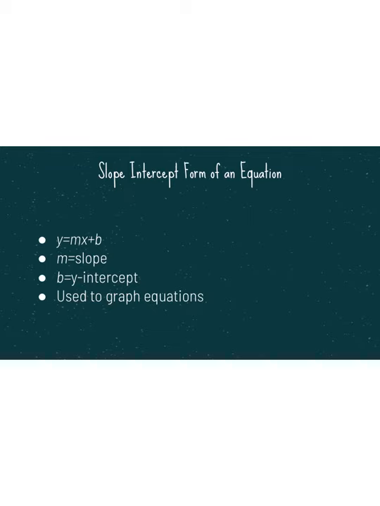Okay, so the slope-intercept formula of an equation. So your equation is y equals mx plus b. Okay, so your m, the m of your slope, is what we were just figuring out. We were figuring out that m. Your b is your y-intercept, and you use this to graph equations. Okay, so m is your slope and b is your y-intercept.